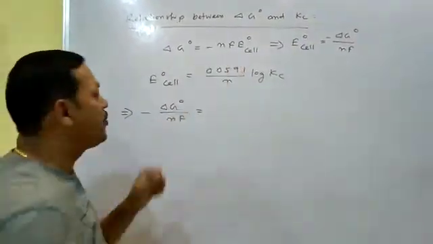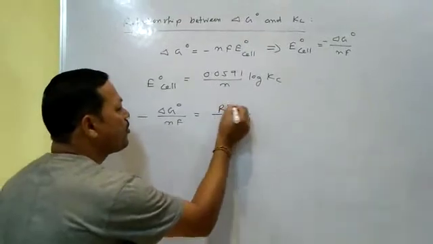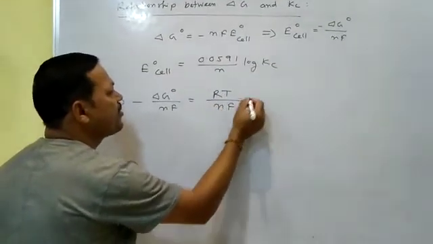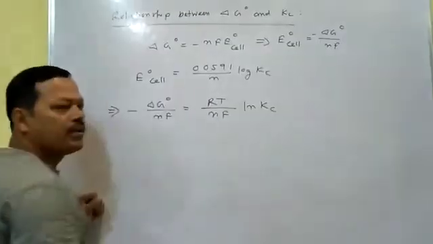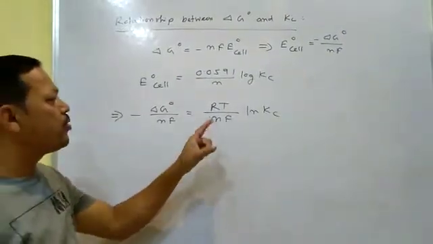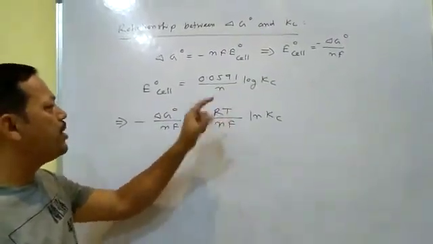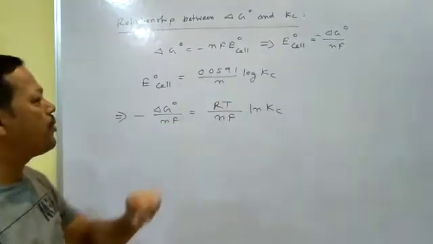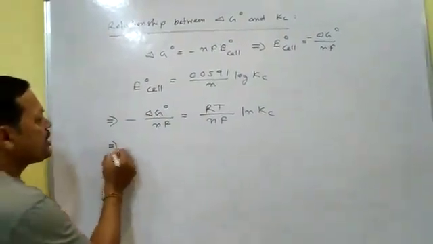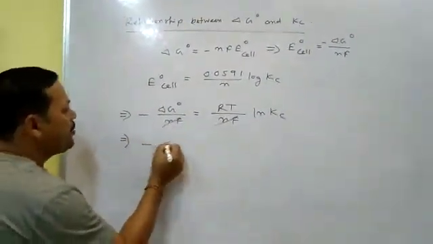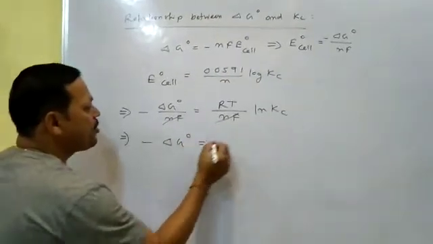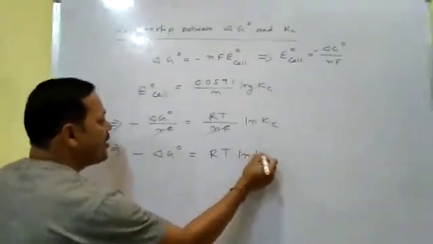This is equal to 0.0591, which we calculated from the term RT by nF ln Kc. When I derived the Nernst equation, when you put the R value, T value, and F value, you get this 0.0591. So this nF will be cancelled. I mean you can write minus delta G naught is equal to RT ln Kc.